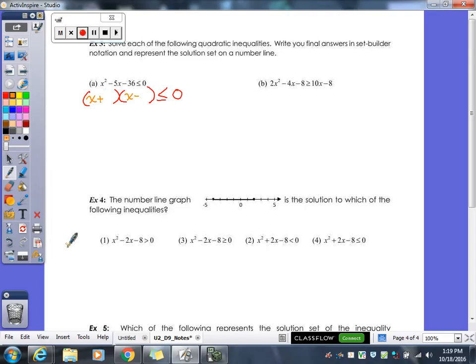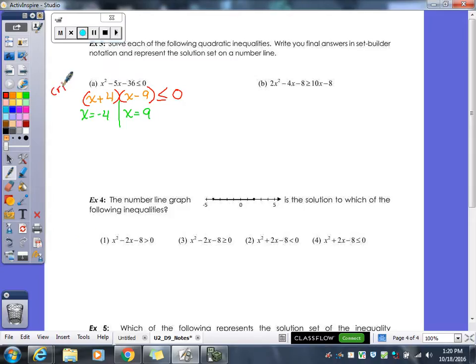So I got x plus, x minus. And then what multiplies for 36 will combine to give us a 5. 9 and 4. Which one's going to be my negative? 9. So once you factor, even though it is an inequality, you are still going to set them equal to 0 like you normally would. So we get x equals negative 4, and we will get x equals 9.